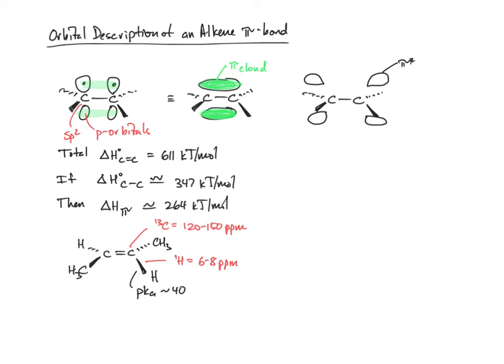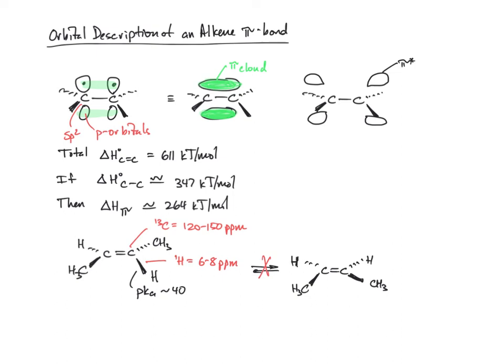The other important thing to note is that these configurations, the trans geometrical isomer, will not interconvert into the cis spontaneously.